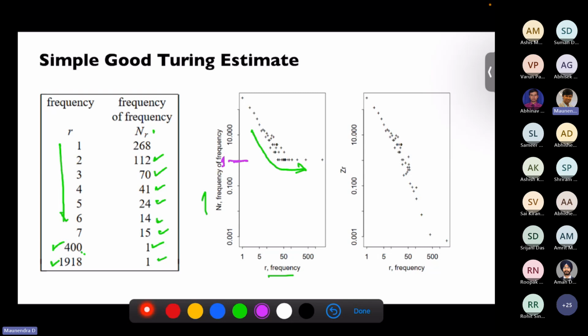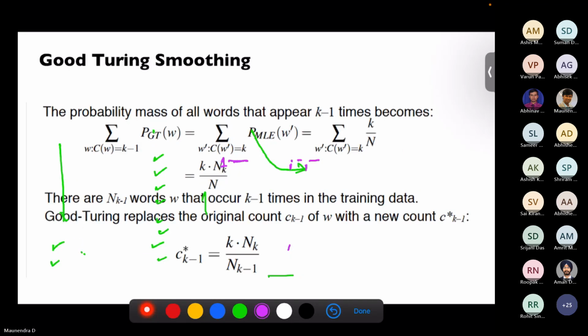And then you see a lot of gaps here. What do the gaps mean? Maybe a word has a frequency here, another word has a frequency here, but in between there is no word with that corresponding frequency. That problem will hurt this Good Turing smoothing, because the entire probability mass of 0 will now be shifted to some other words.